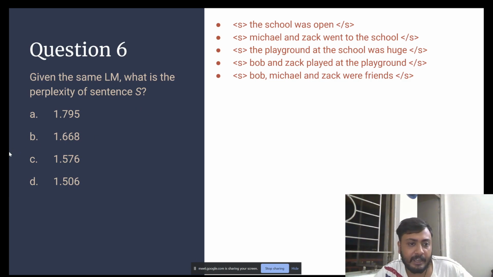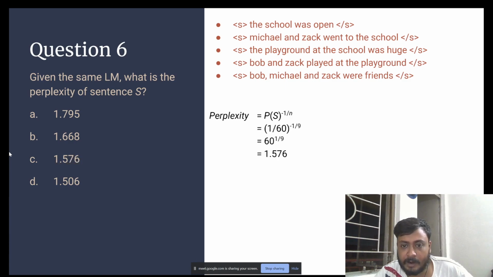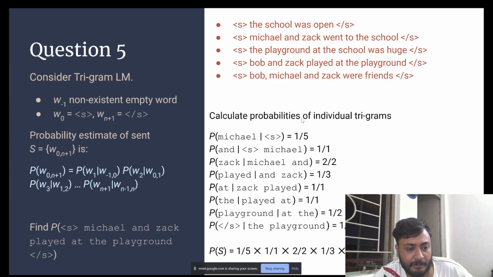All right. So the perplexity of sentence S. This is the correct answer, and how we are coming to that is, perplexity is the probability of the sentence to the power minus 1 by n, where n is the number of words. Now you have to remember one thing: when you calculate the number of words, you do not include begin sentence and end sentence.